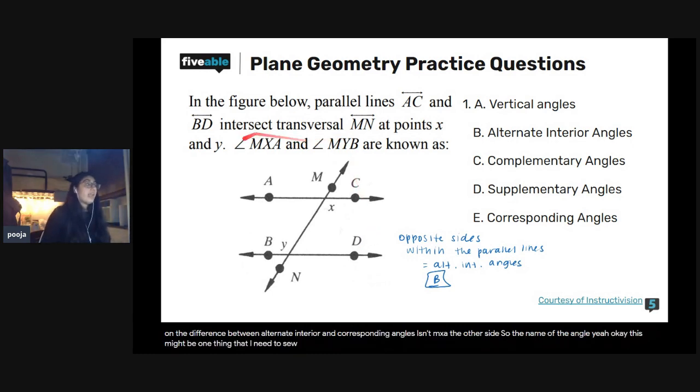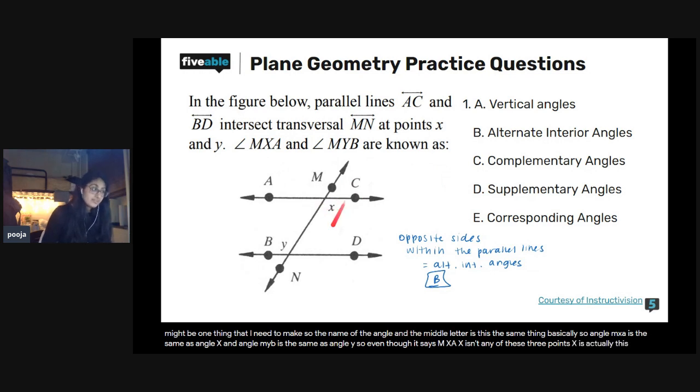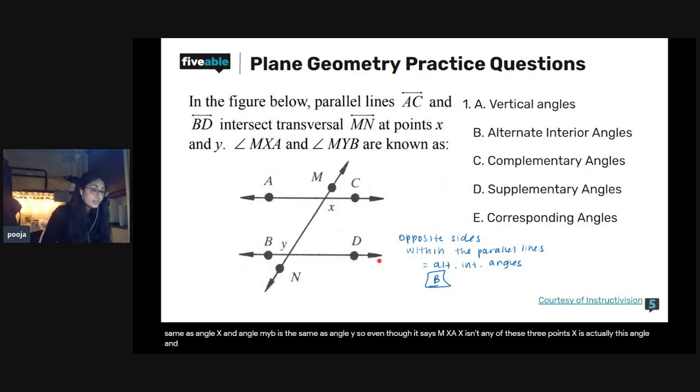The name of the angle and the middle letter is the same thing, basically. So angle MXA is the same as angle X, and angle MYB is the same as angle Y. So even though it says MXA, X isn't any of these 3 points. X is actually this angle, and Y isn't any of these 3 points. Y is just this angle.